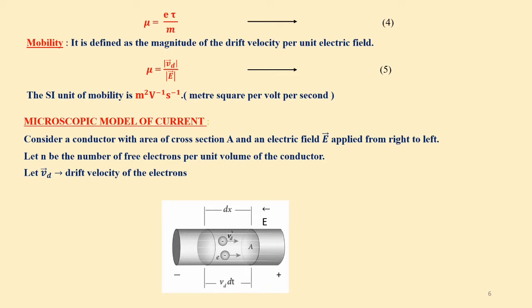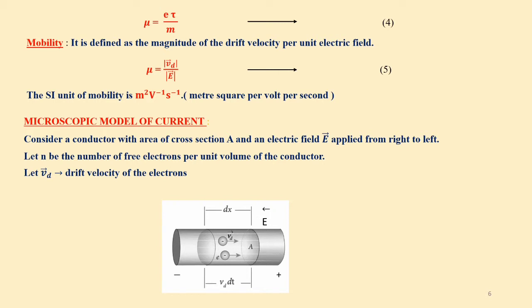Let us now explain the microscopic model of a current. Consider a conductor with area of cross section A and an electric field E applied from right to left. Let small n be the number of free electrons per unit volume of the conductor. Let Vd represent the drift velocity of the electrons. Now look at the picture given below.